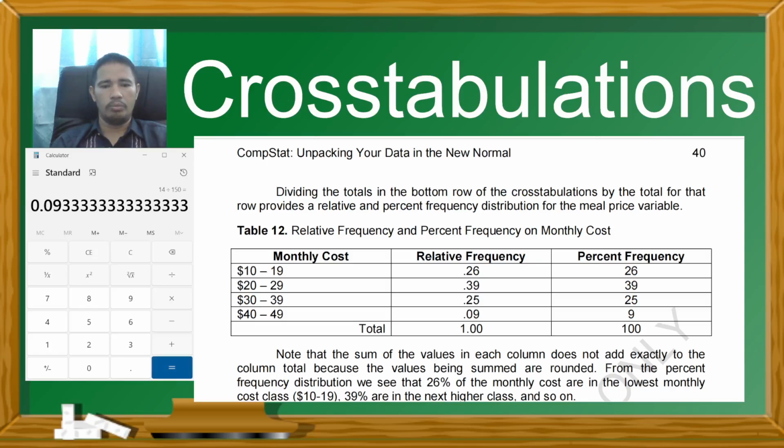You add it up, and that would be equal to 1.0. And you multiply this by 100, that will become 26, same as what we did above.